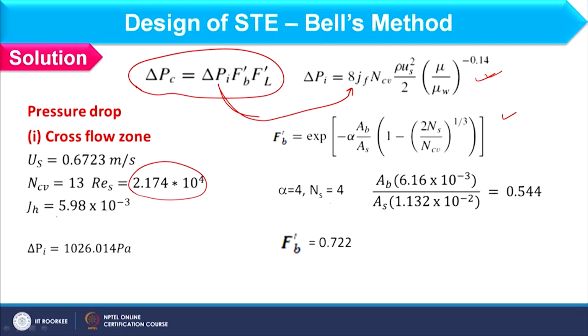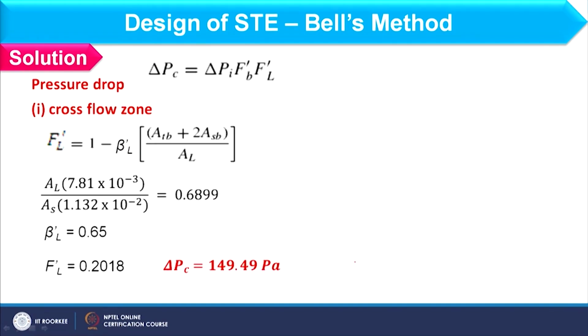After that you can find out FB dash as well as FL dash. For FB dash you should consider the alpha value, otherwise all parameters remain the same. The number of sealing strips we have already fixed as 4, and the AB and AS values you can consider like this. Putting all these values in FB dash, you can find the bypass correction factor for pressure drop as 0.722, right. And for the cross flow zone we should also find the leakage correction factor.